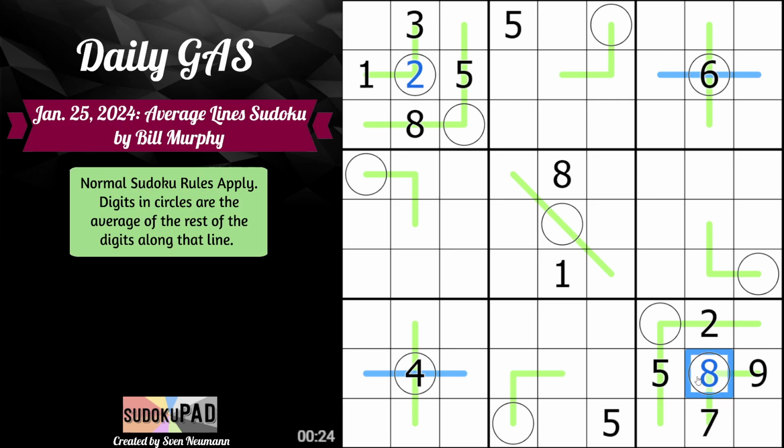I don't think I can do anything with that. So, where do I want to look? 6 maybe? So, another way that we could think about these average lines is that because there are 2 digits along the line, we can take the center digit, which is 6, and multiply it by 2.